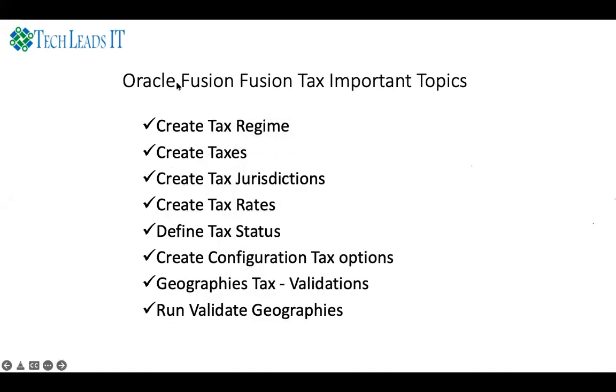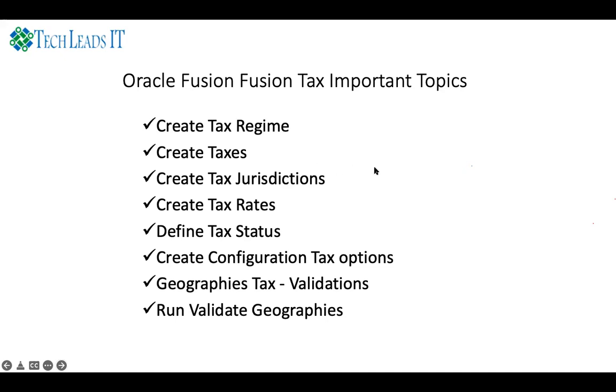And then we are going to discuss the tax as well. In terms of tax, we also have different taxes. We talk about what a tax regime is. A regime is nothing but we create a tax for different percentages, different organizations. Then we also have jurisdictions, which are nothing but locations. If I'm in a union territory, my GST will be different.